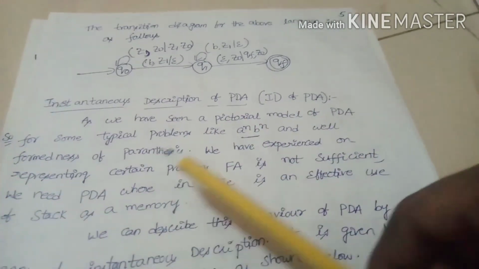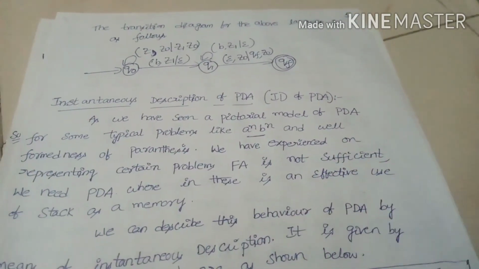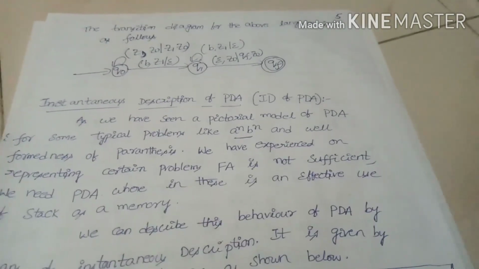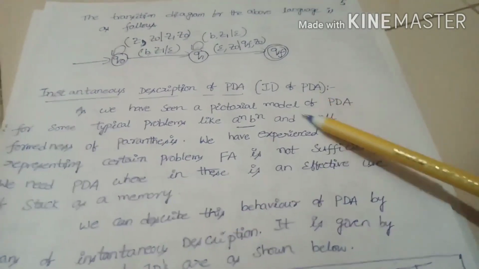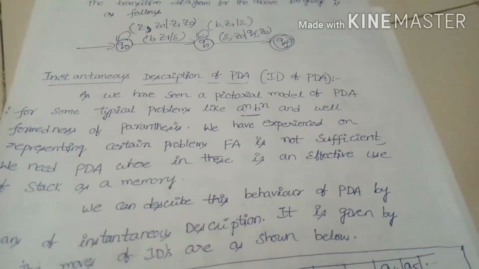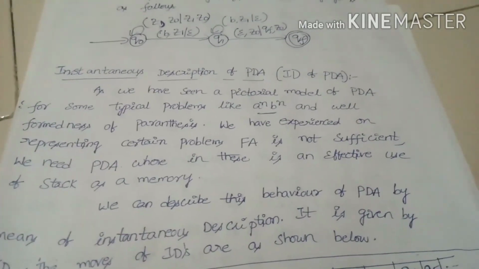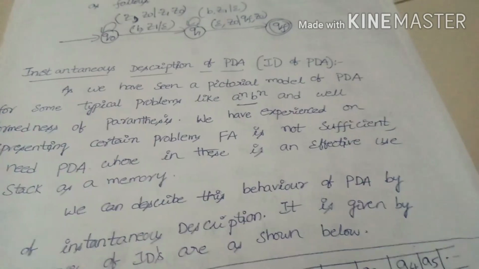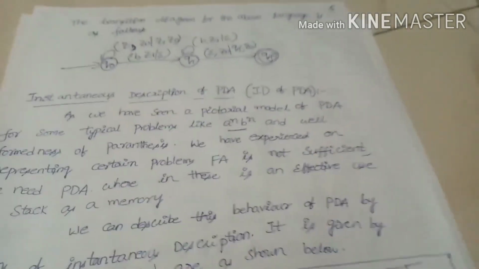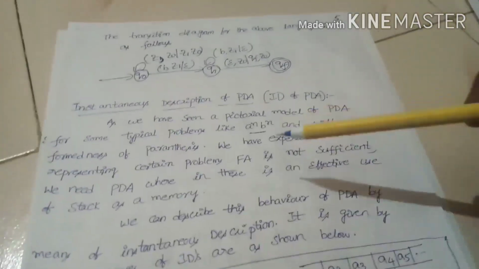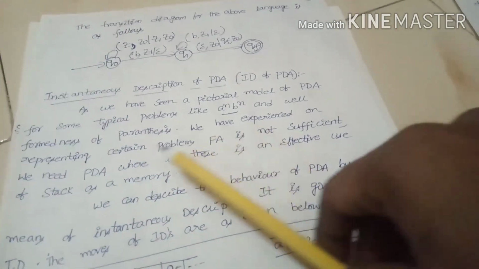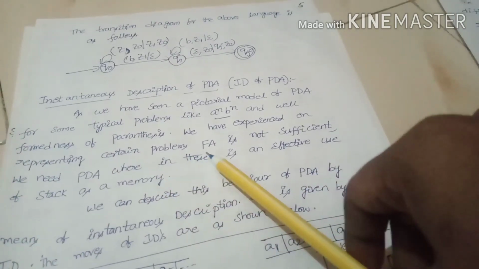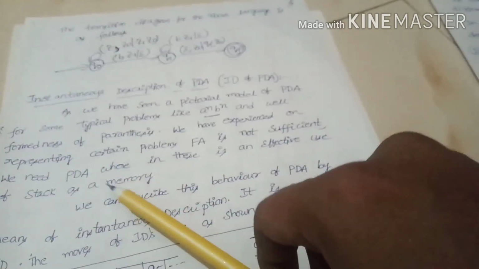Here we have seen the pictorial model of PDA on some typical problems like a power of n, b power of n, and well-formed parentheses. That is why we use the instantaneous description, to represent certain problems. FA is not sufficient, that is why we need PDA.